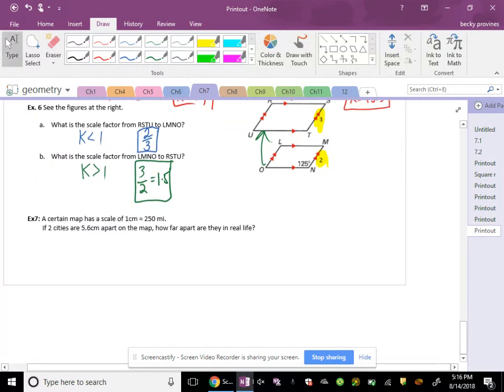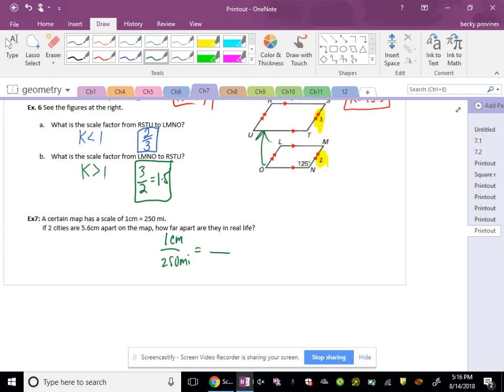All right, last one. A certain map has a scale of 1 centimeter equals 250 miles. Okay, so I'm going to write this as a fraction. 1 centimeter, 250 miles. So if two cities are 5.6 centimeters apart on the map, how far apart are they in real life?